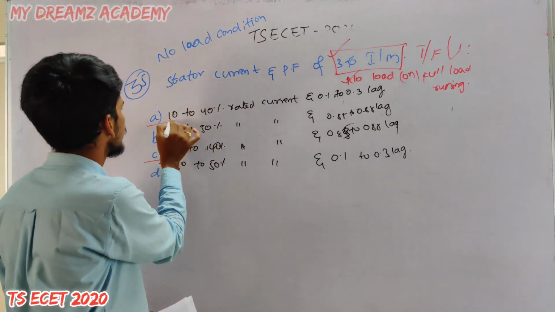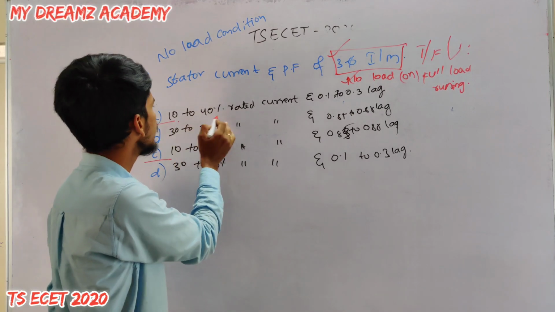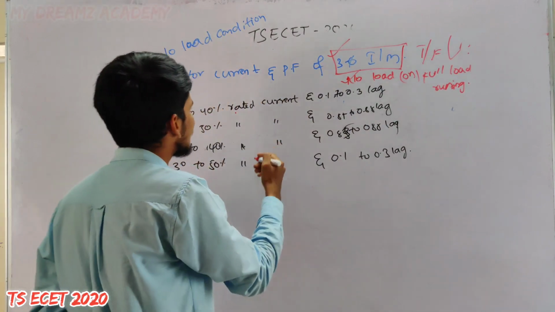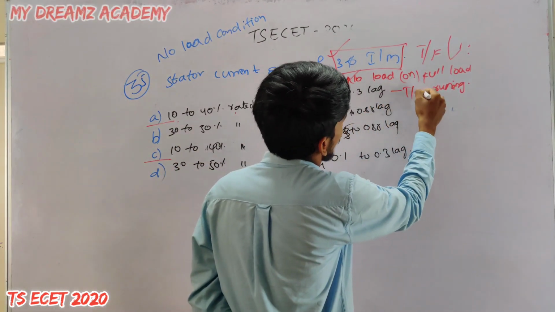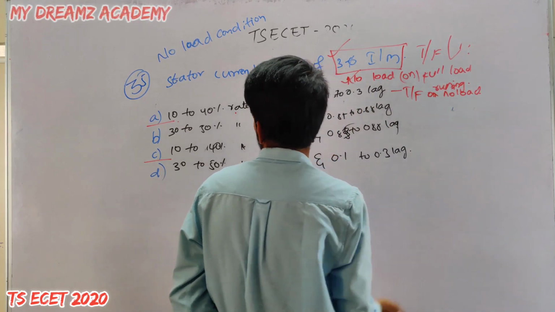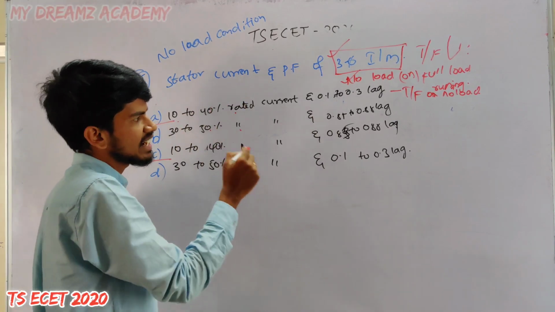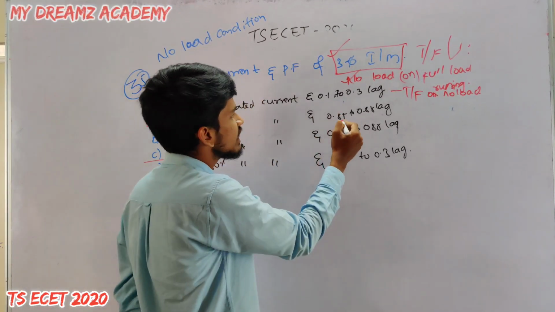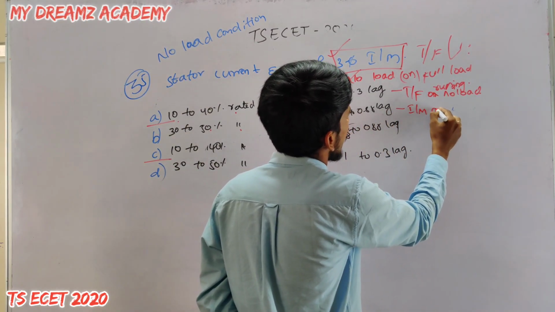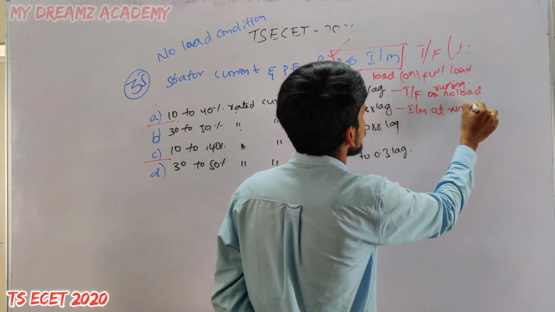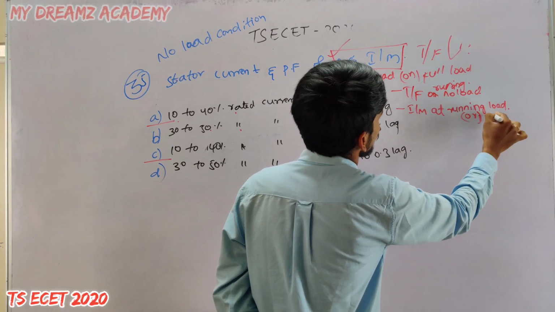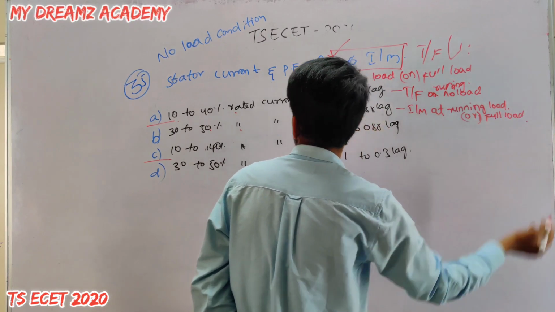See the first one, option A, 10 to 40% rated current and 0.1 to 0.3 lag. This condition is applicable to a transformer on no load condition. Next one, 30 to 50% rated current and 0.83 to 0.88 lag power factor: this is an induction motor at running load or full load.